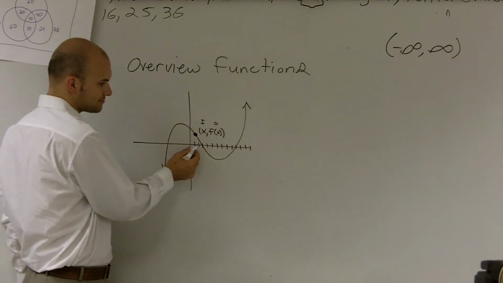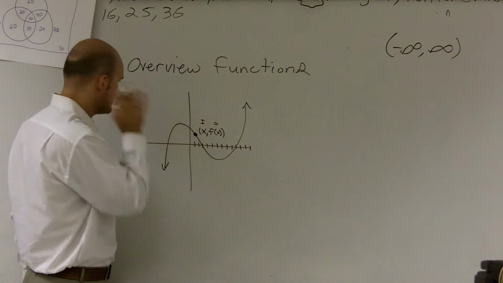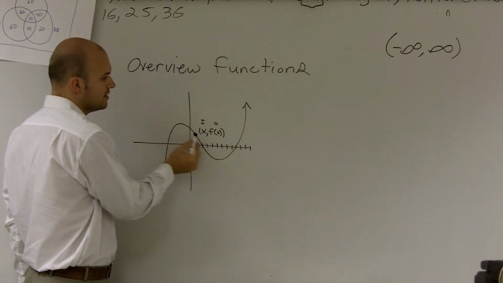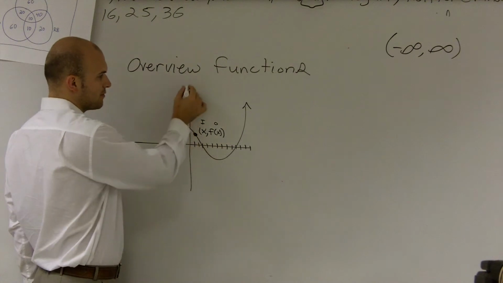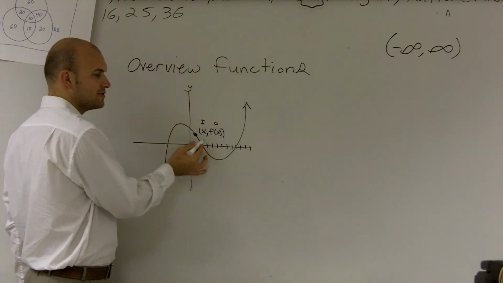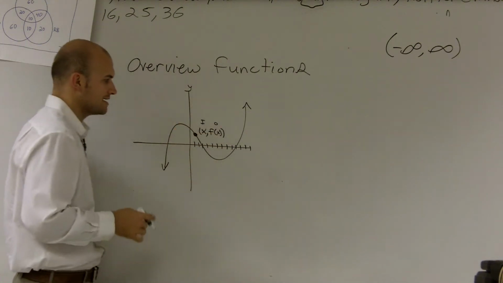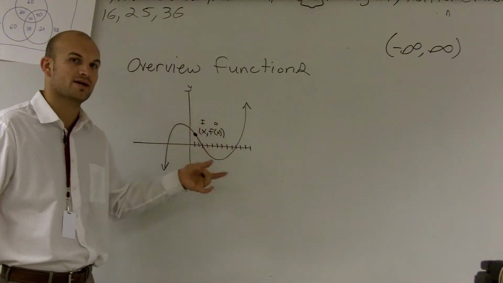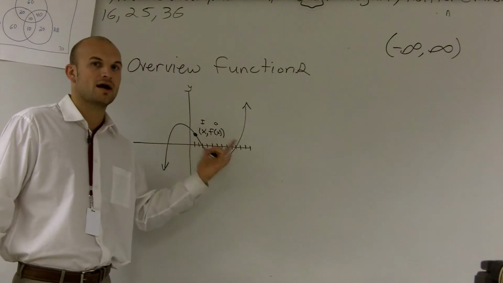The x is your distance from your y-axis, and f of x is now your distance from your x-axis. So when you're looking at functions and ordered pairs, think of f of x as your output value.